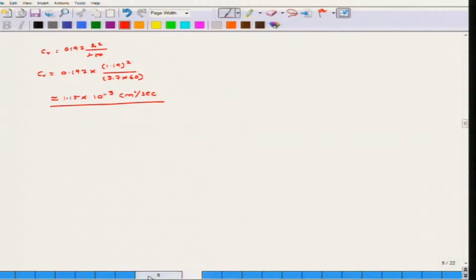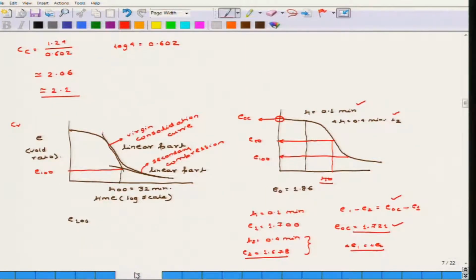Now this method, like the T50 method, is also known as the log of time method. Just like the square root of time method, which is covered in the lecture, this is termed the log of time method, because in this case you consider the log of time.